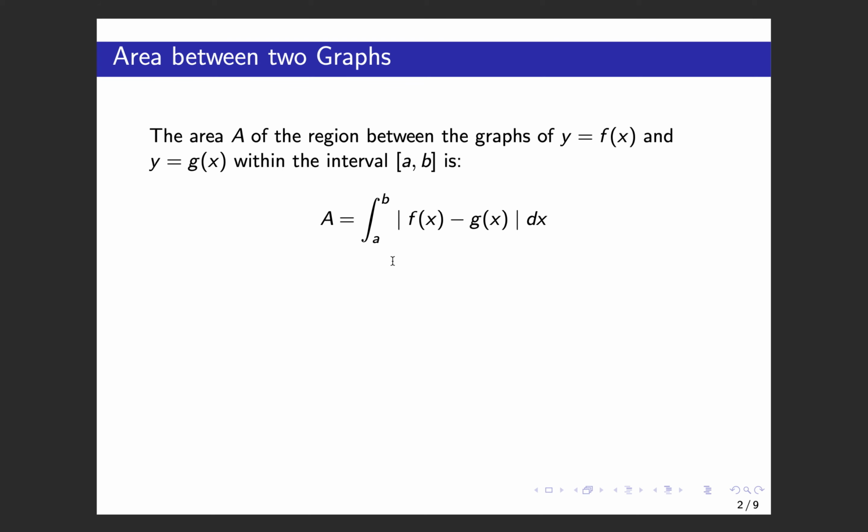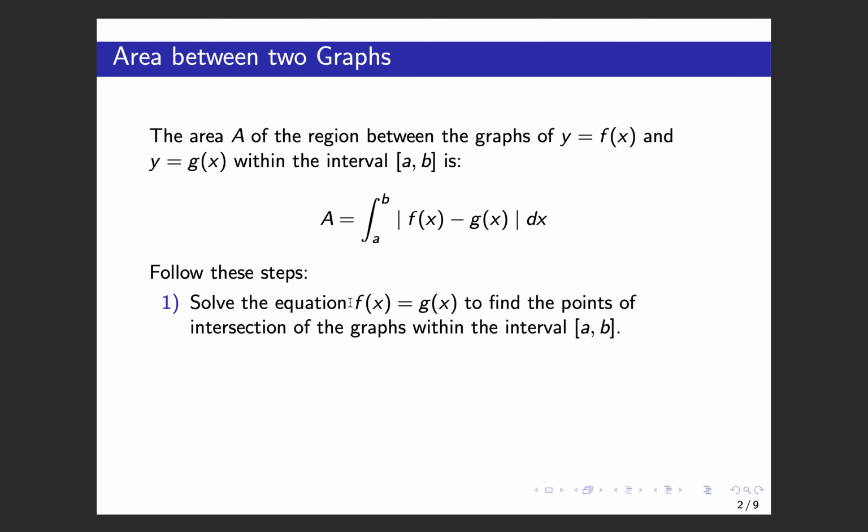So this definite integral contains an absolute value. We cannot use the fundamental theorem of calculus to evaluate it. We have to do some preliminaries by following these two steps.